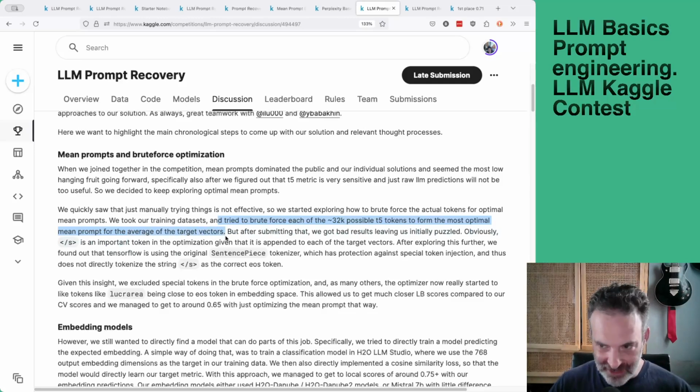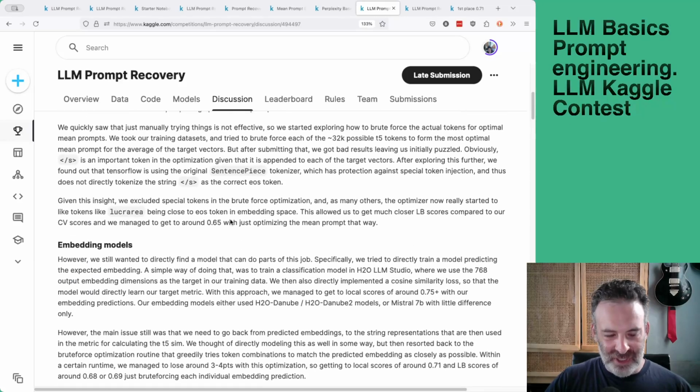Not dealing with the words at all, just taking those vectors and finding the average of them. Just a really, really interesting approach.